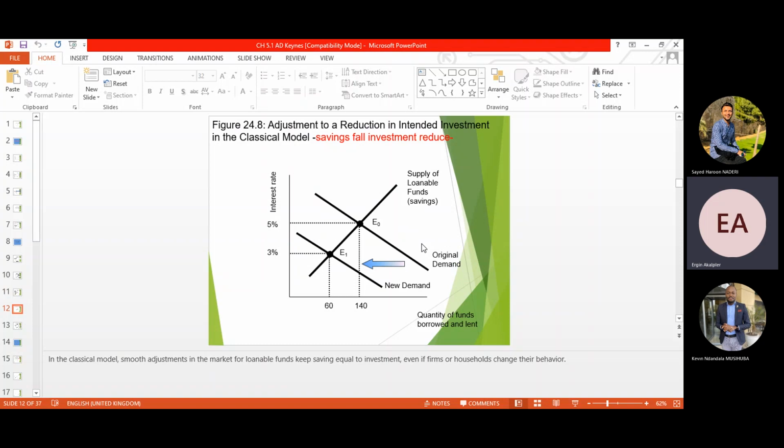And when we are reducing the interest rate, what is happening? As you see, the reduced interest rate is affecting the supply of loanable funds and shifting the demand, the so-called borrowing capacity, to a lower level as well. As a result of this reduction, the amount is reduced from 140 to 60, and this happened because of the reduction in the interest rate from 5 to 3%.